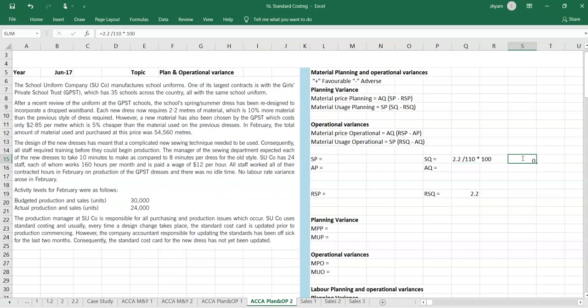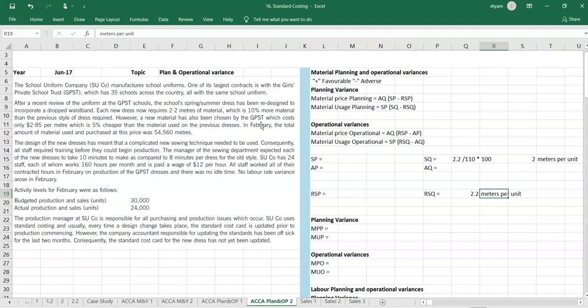Earlier it was 2 meters of cloth per unit. Every dress we will treat as a unit, and the revised is 2.2 meters per unit.